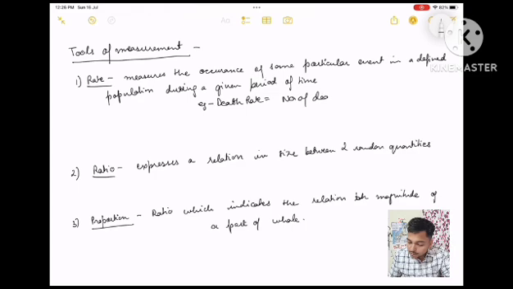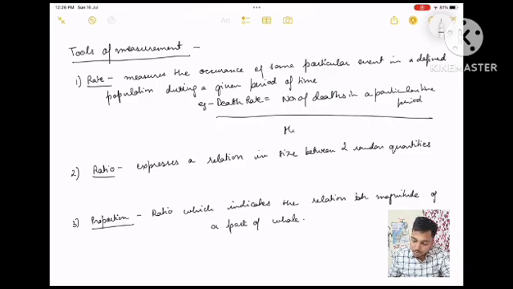Death rate is the number of deaths in a particular time period upon the mid-year population of that particular year. Now this into 1000 makes it the rate.